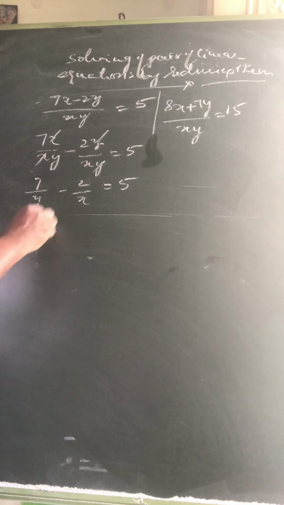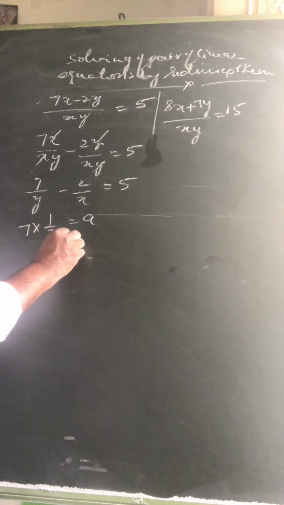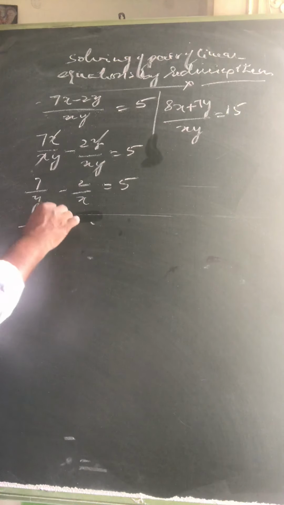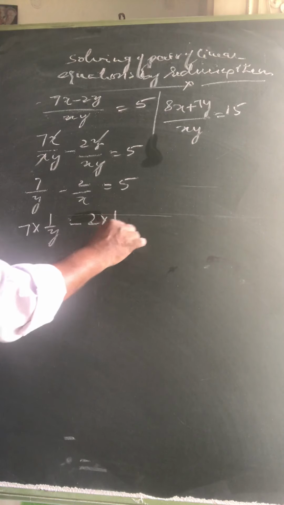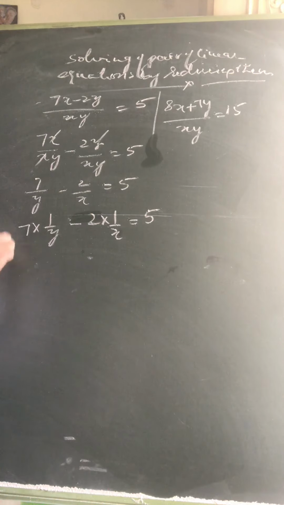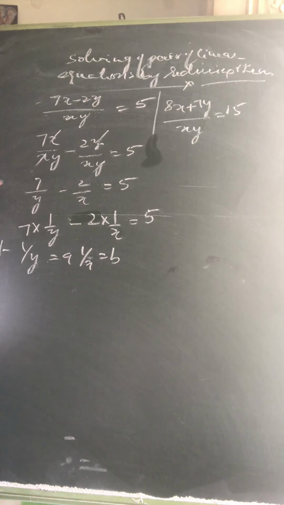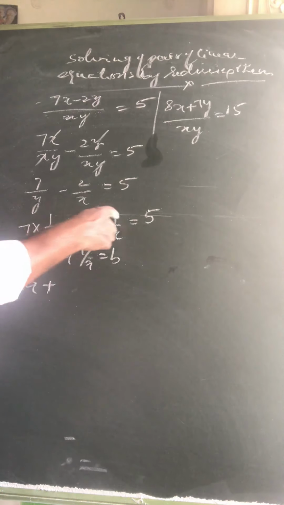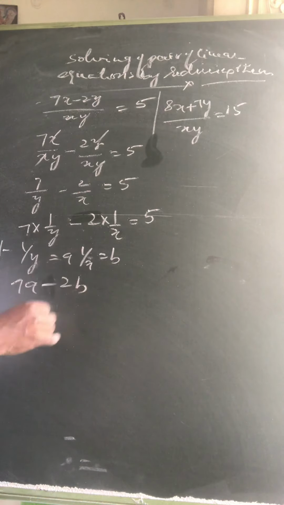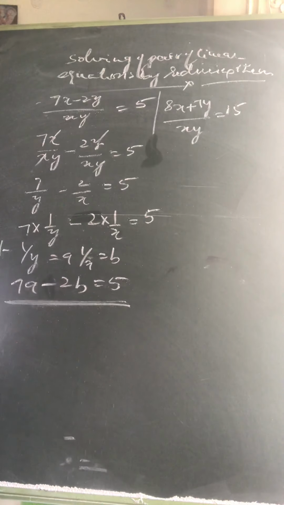Let 1 by y be a and 1 by x be b. Then 7 into 1 by y minus 2 into 1 by x is equal to 5, that is 7a minus 2b is equal to 5.